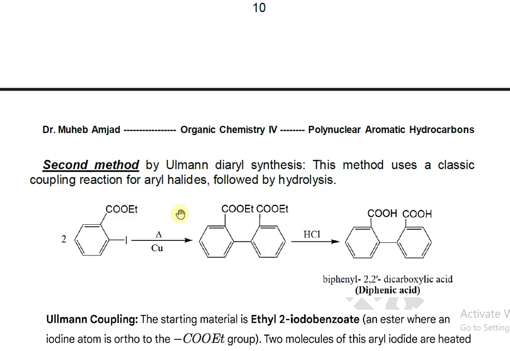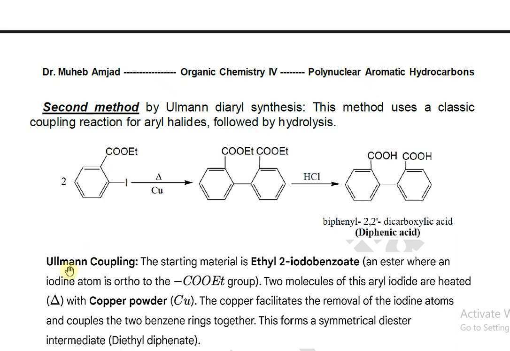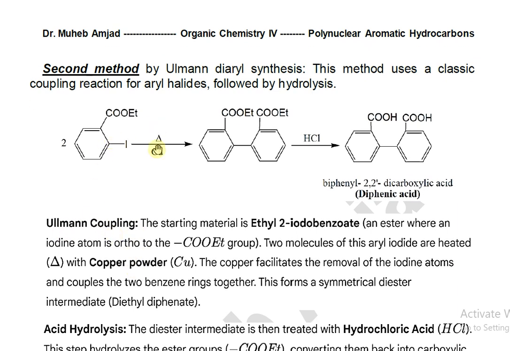So the ester group, after coupling, is hydrolyzed to the carboxylic acid to give us diphenic acid. It is a two-step reaction: step number 1 is the coupling reaction, and step number 2 is hydrolysis in acidic medium to give us diphenic acid. Here, for the explanation of the Ullmann coupling step, the starting material is ethyl 2-iodobenzoate.